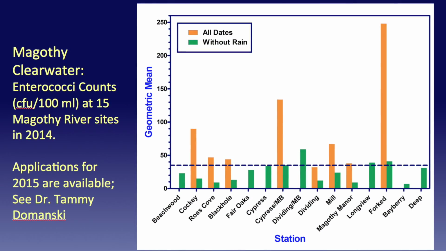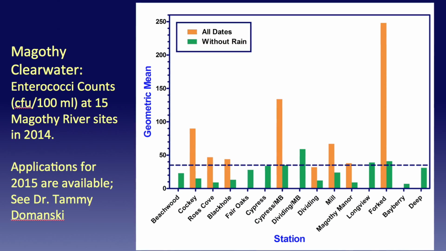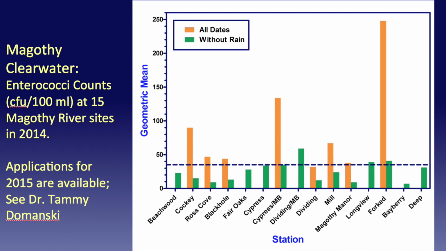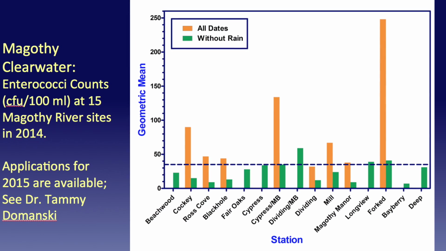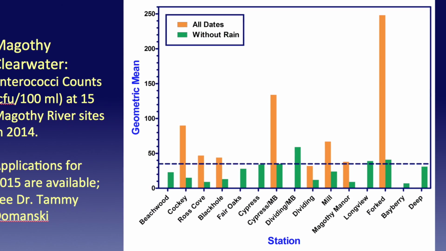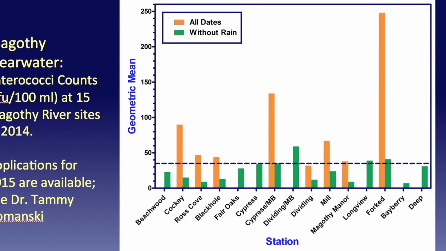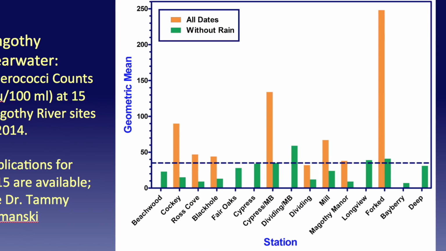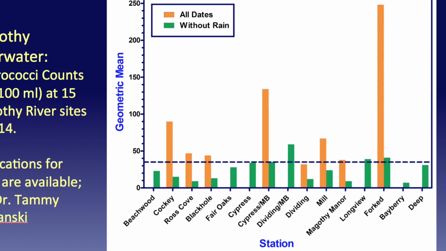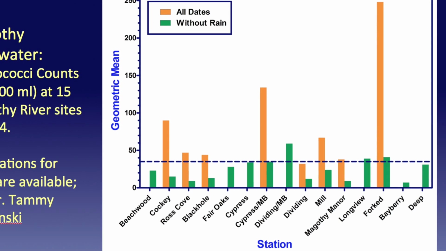So if we only sampled in a particular site after a rain, we would probably get a lot of high counts. But what we do is we sample every Wednesday or every other Wednesday, so sometimes we get a rain event and sometimes we don't. And so that's why I've shown the data here for these stations both without the rain and those including the rain.